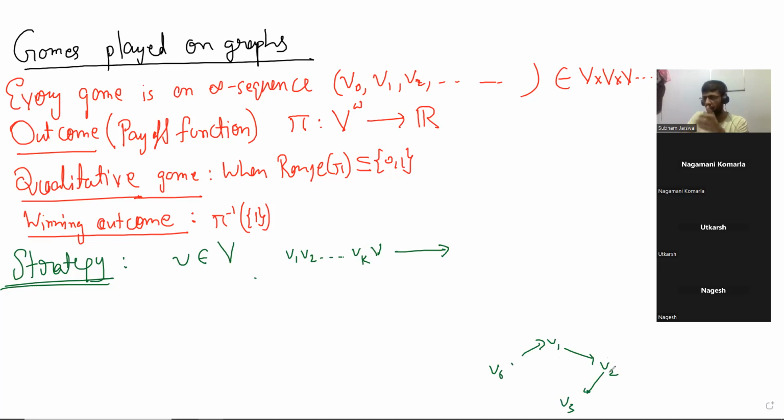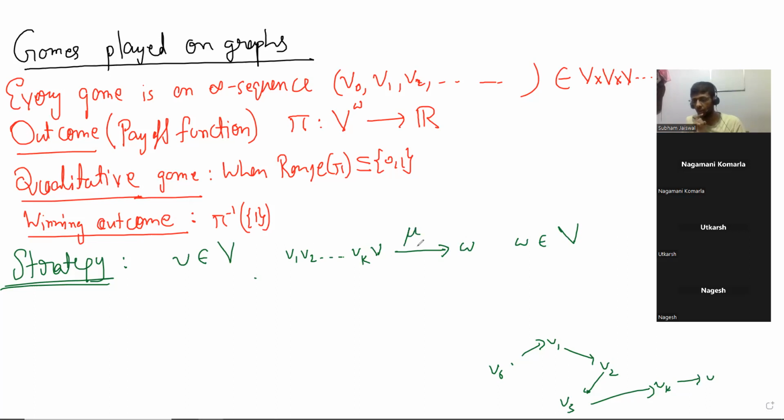Depending on whether each vi belongs to the vertices of player 1 or player 0, they'll make their moves. Then it goes to vk and then to v. Now the whole journey, depending on that, we will have to go to some vertex w, where w is also in capital V.